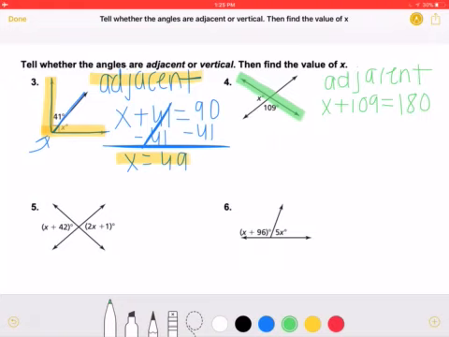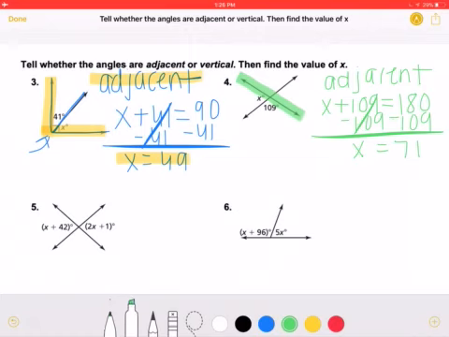Now you're just solving for X. Right now X is being added by 109, so I'm going to subtract 109 from each side. Now I have X equals 180 minus 109. You get 71 degrees. So now this one, they were adjacent and X is 71.